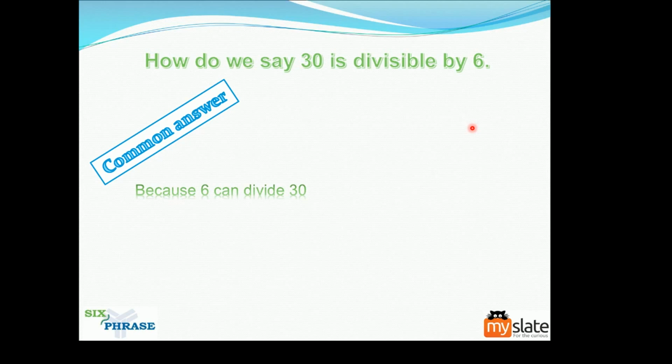Now tell me, is this an appropriate answer for my question? Obviously not. I'm asking the reason. What is the reason 30 is divisible by 6? You are telling me 30 is divisible by 6 because 6 can divide 30.